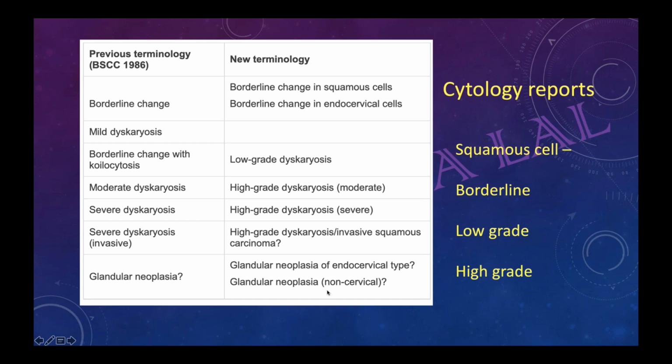This non-cervical type will include endometrial cancer, because it is non-cervical, so it will be different. So you have to use this terminology. The right terminology is important for both Part 2 and Part 3 people to use, not the old one.